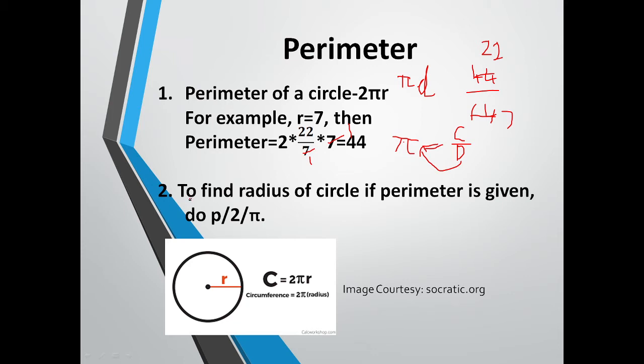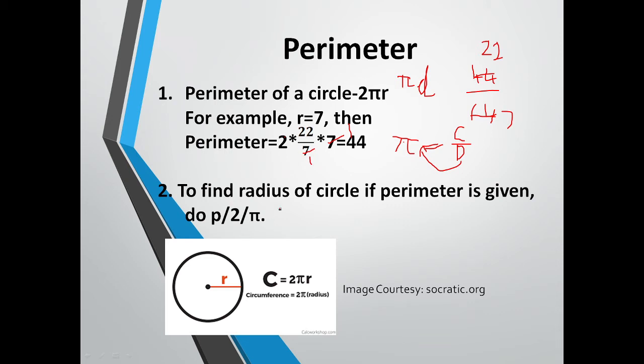So to find the radius of the circle if the perimeter is given, it is p by 2 by pi. For example, if it was given that the perimeter is 44 and we need to find the radius, we'll first divide the perimeter by 2, as first we are multiplying by 2, and we get 22, right?